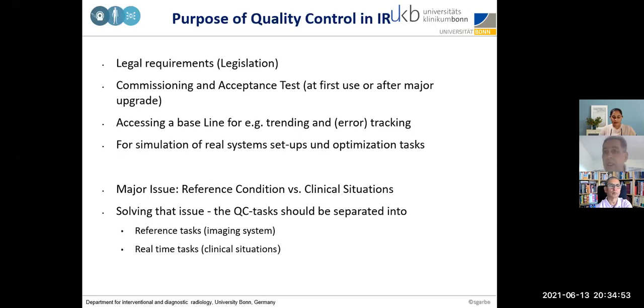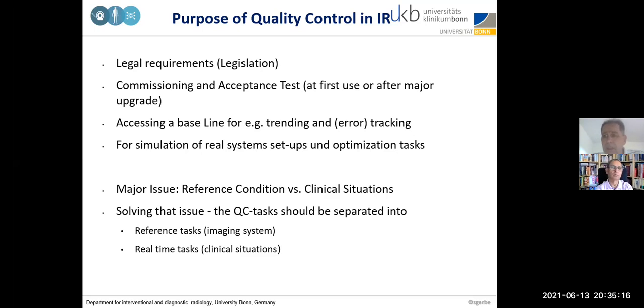So it is important that the quality control already starts, as in conventional radiology, with commissioning as the acceptance test, and after a major upgrade or a breakdown of the machine.